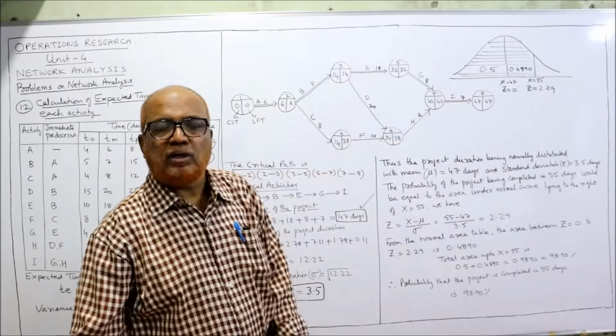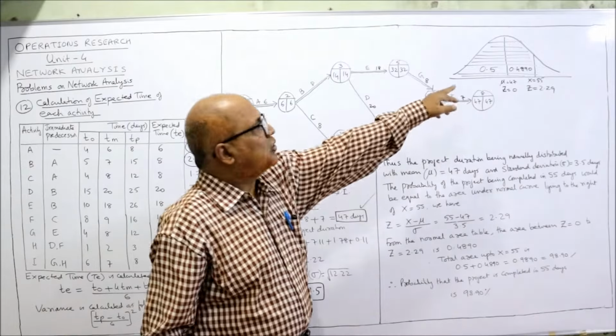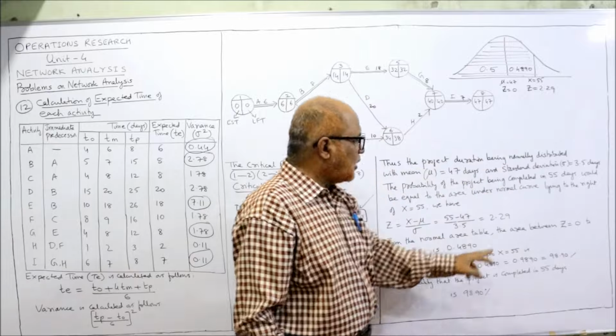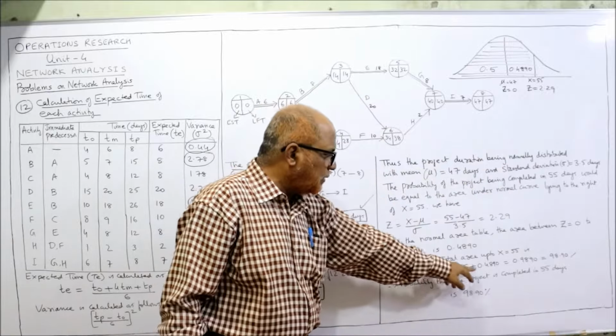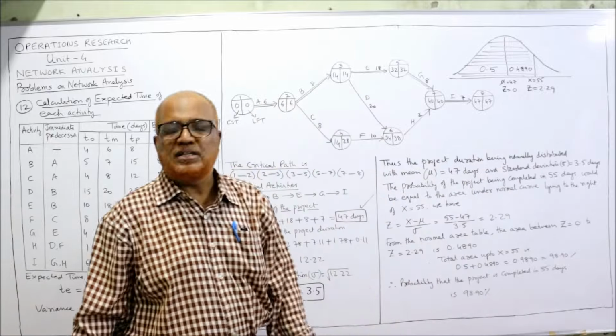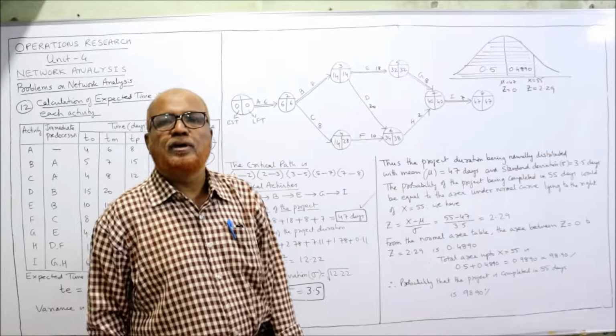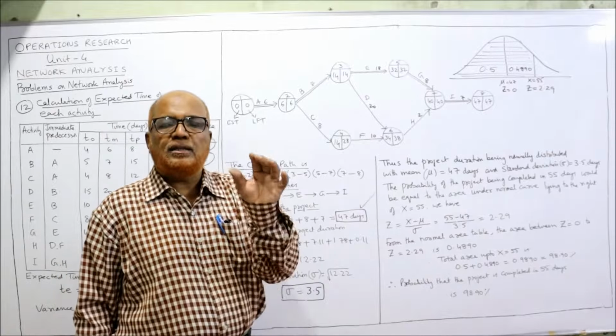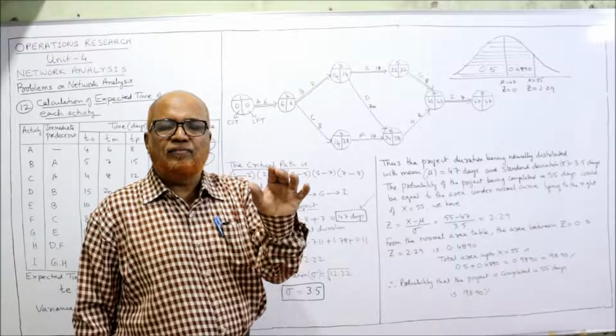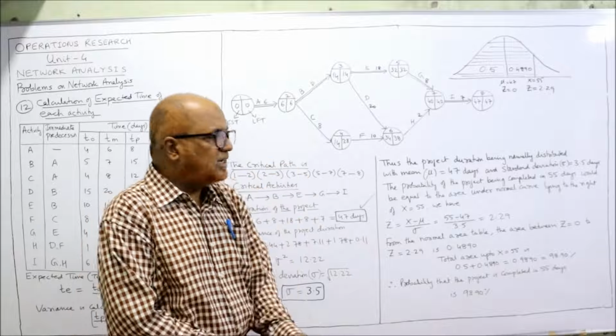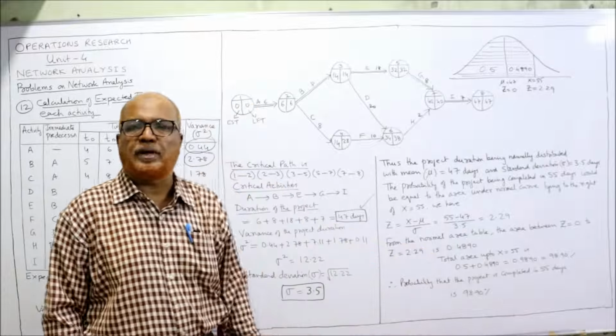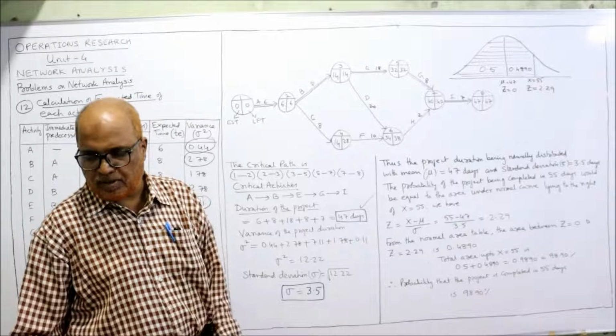Now we need the total shaded area. So 0.5 plus 0.4890 gives 0.9890. So the probability that the project will be completed in 55 days is 98.90%. This is the probability.